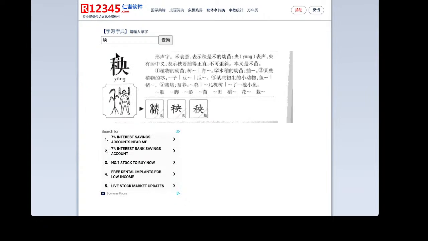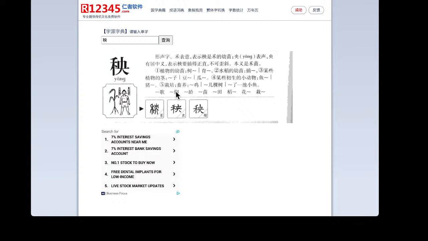So this one has the he radical. That makes sense. And then the yang on the right. Now this yang has the meaning of sitting right in the middle. Okay, and so this is the explanation here.